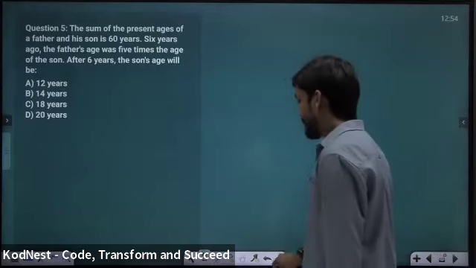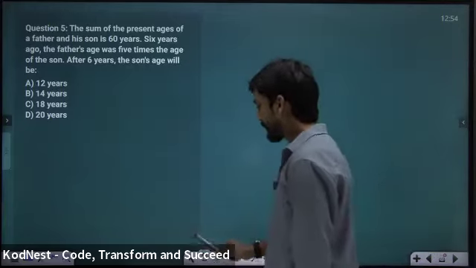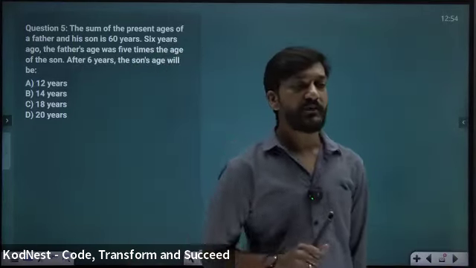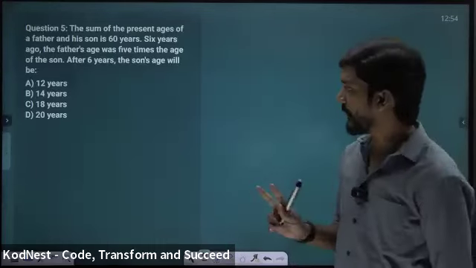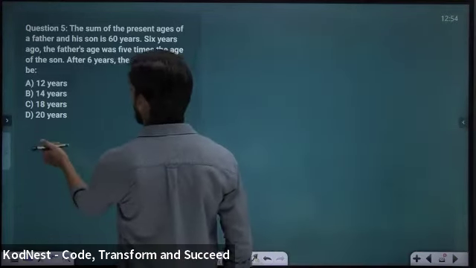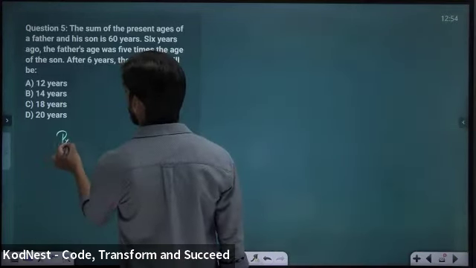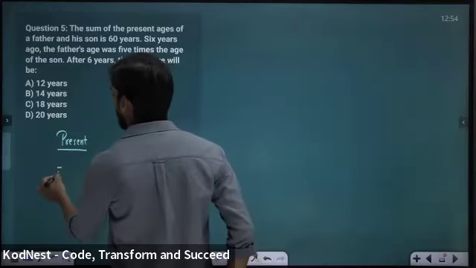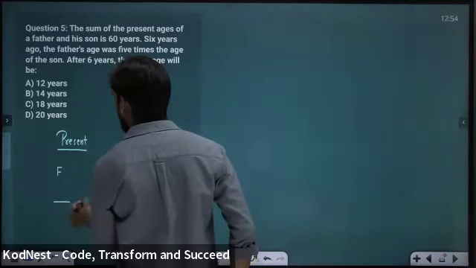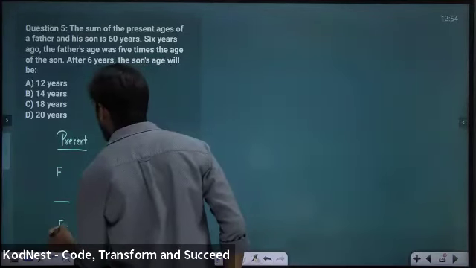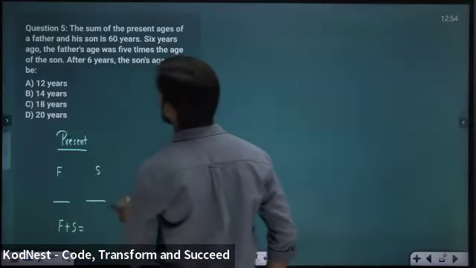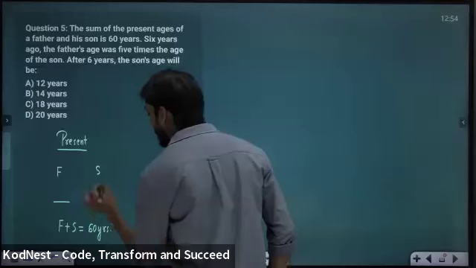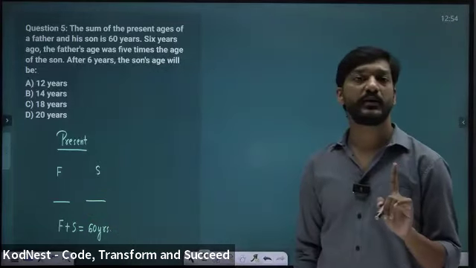Okay, see carefully, please. The sum of present age of two persons is given. Present age. So write present. Father and son. I don't know the values, but what I know is father plus son is given as 60 years. Never solve the question using the sum.